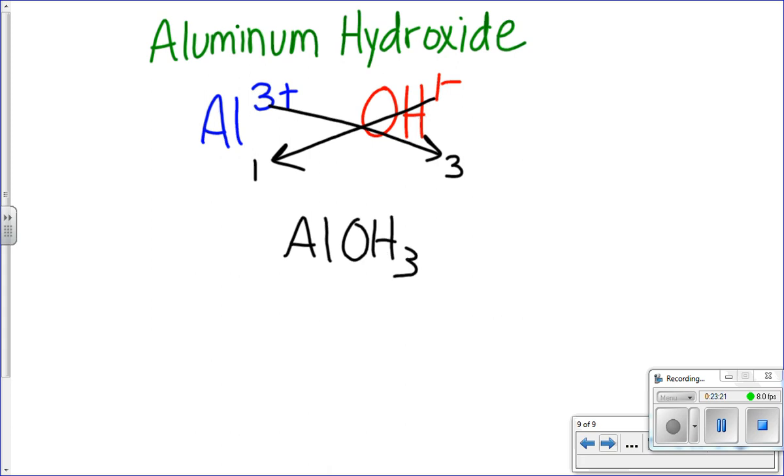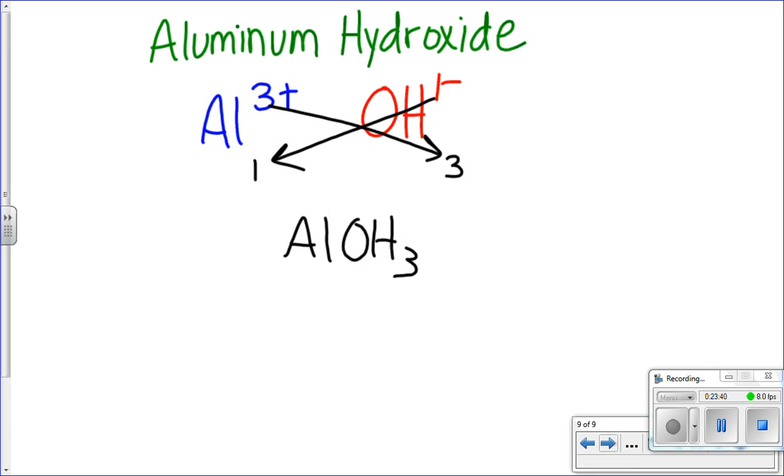but this is wrong. The reason why it's wrong is that this 3 has distributive properties. That means that we're not just saying there's 3 H's, we're saying that there are 3 OH's.